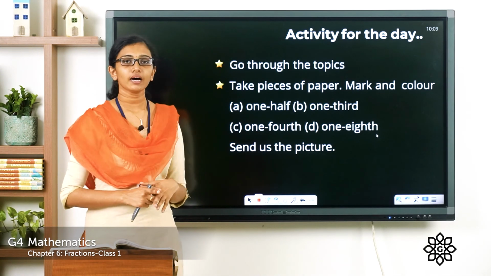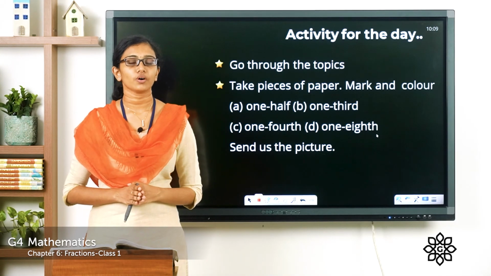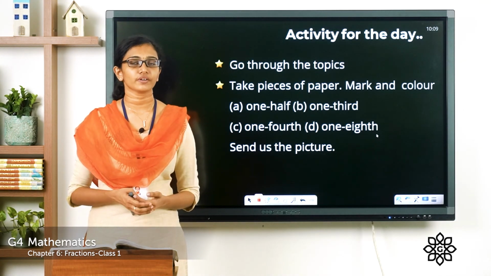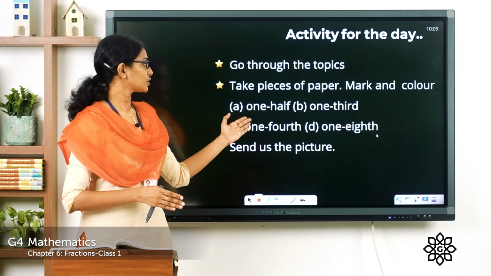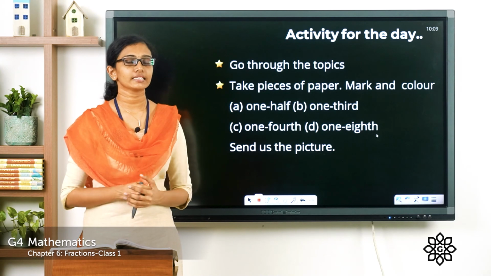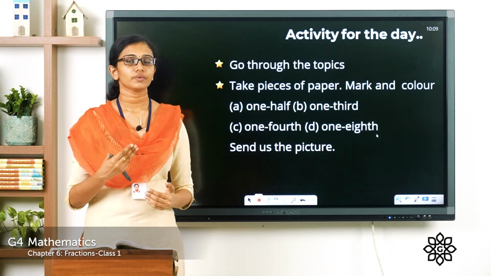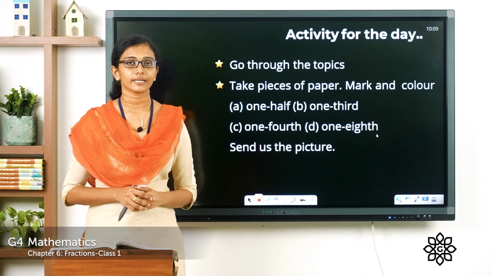Take the next paper and divide that into 3 one-thirds, mark 1/3 of it and color that in a different color. Similarly, take another paper and mark 1/4 of it and color it with any color that you like, and similarly with a fourth piece of paper mark 1/8 of it and color it.